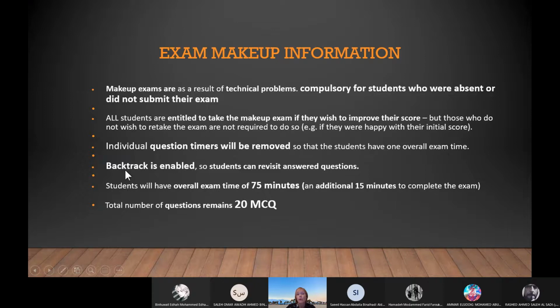That means backtrack is enabled, so you can go back to revisit questions that you've answered. You will have an additional 15 minutes, so 75 minutes in total, and the same 20 multiple choice questions.